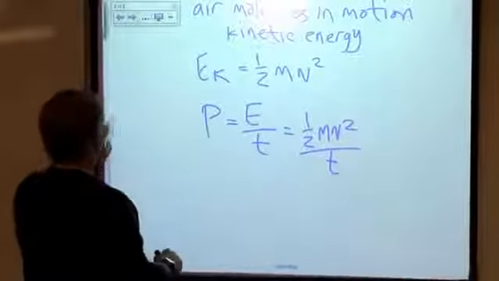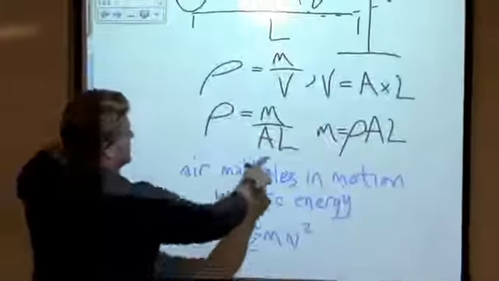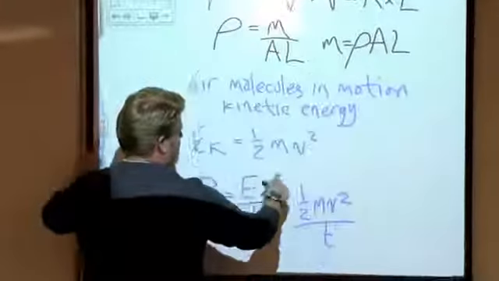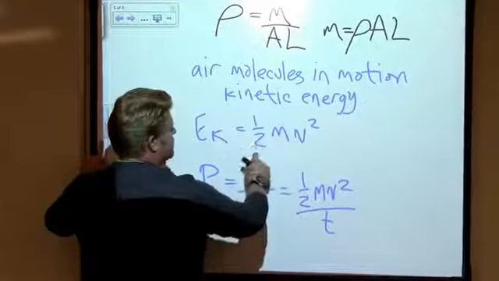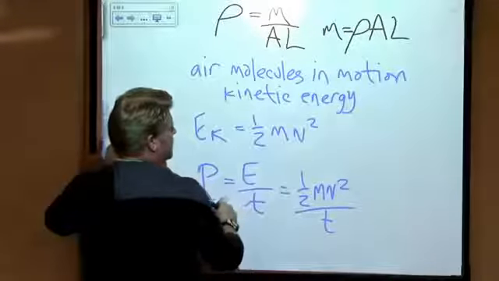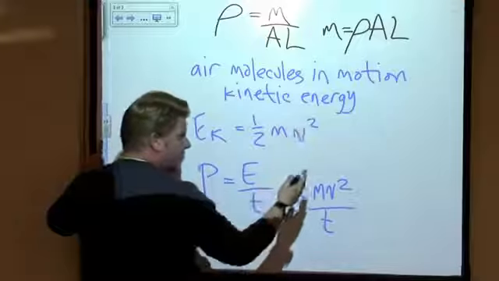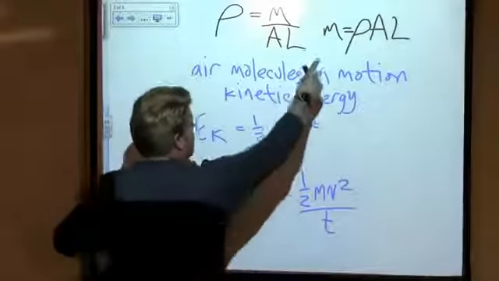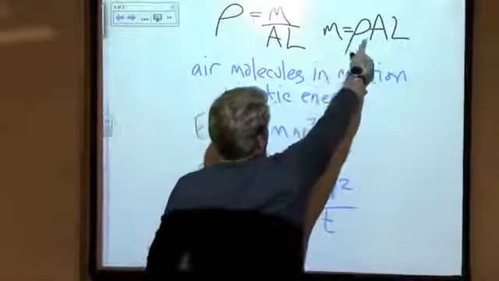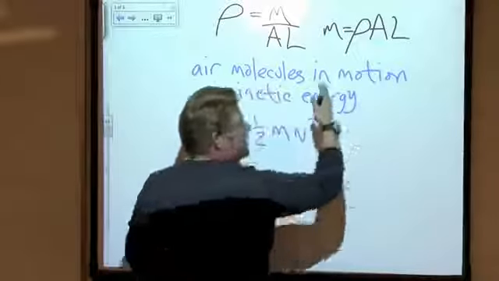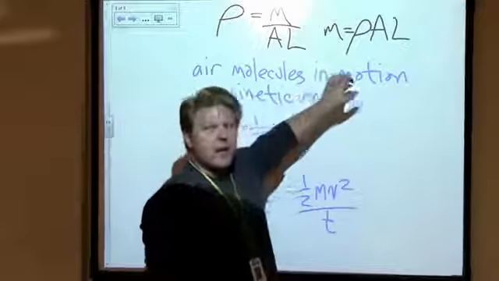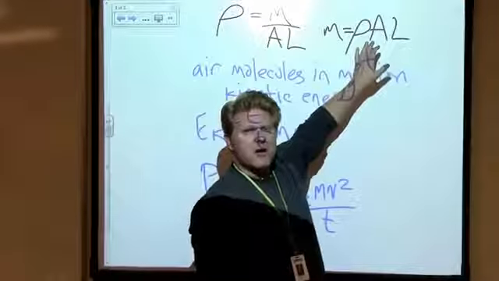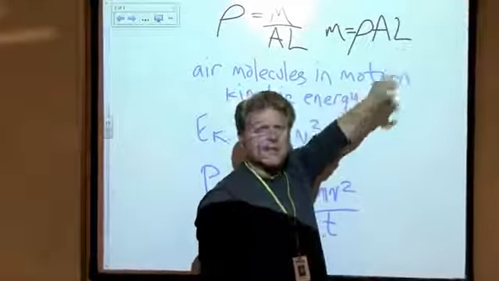Now I want to go back to this term that we used right here. Again, the kinetic energy is 1/2 times the mass of the object that's in motion times the square of the velocity of the object. So this mass I want to replace with what this mass equals. We're talking about the mass of the air that's inside the cylinder. So the mass of the air is equal to the density of the air times the dimensions of the cylinder.